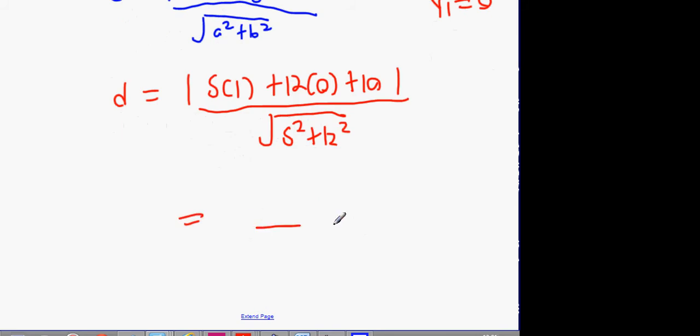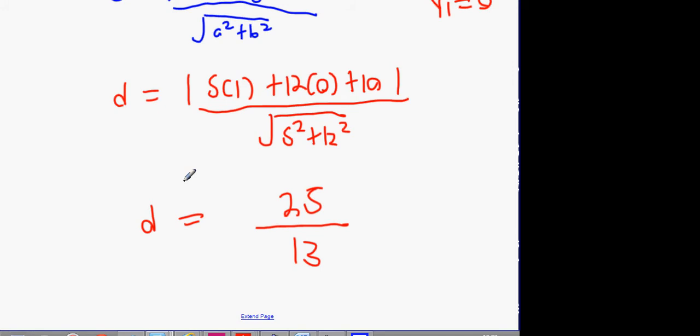So it's going to be 13 on the bottom, and on top, what's it, 25 on top? So lads, the answer is simply 25 over 13. The distance between the two lines is 25 over 13.